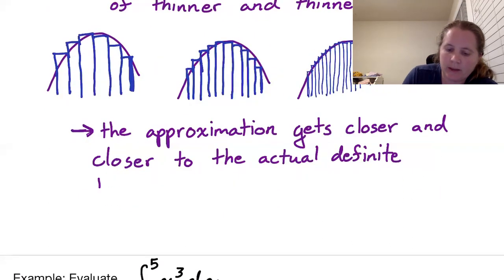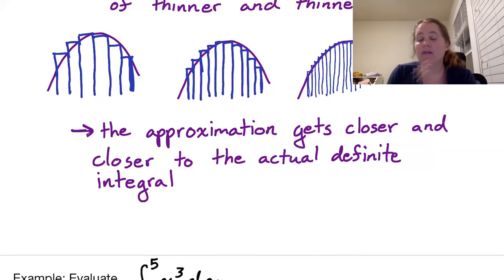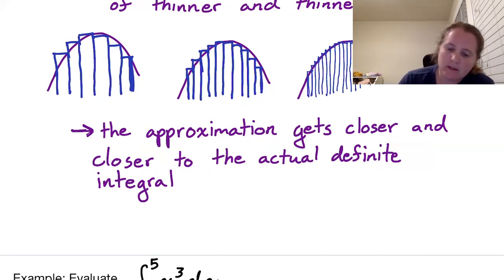And what we wind up getting is that if we take the limit of any of these formulas as n goes to infinity, we wind up getting the actual definite integral.